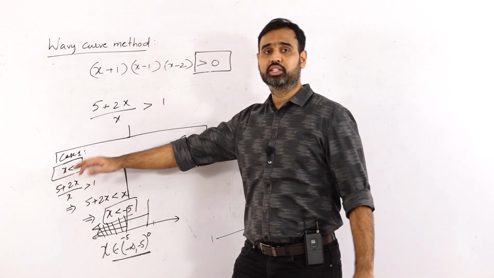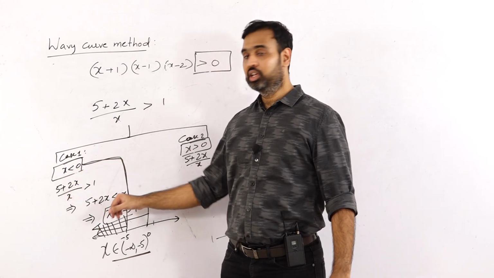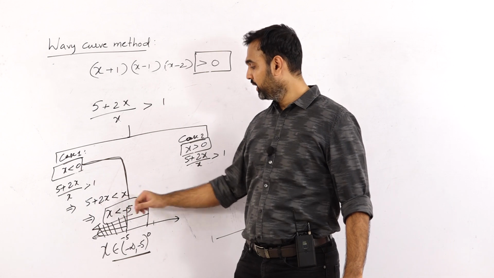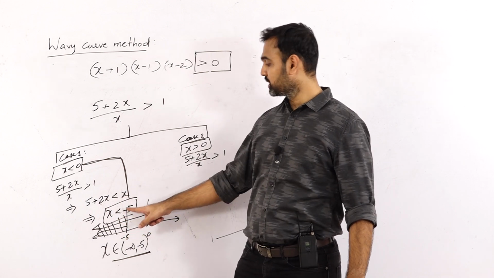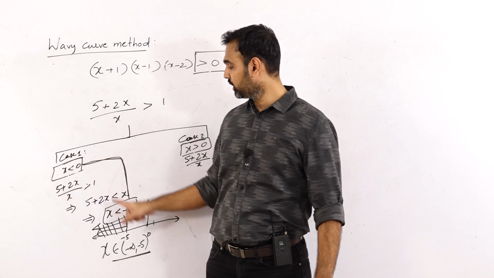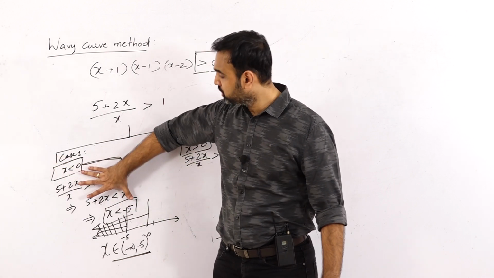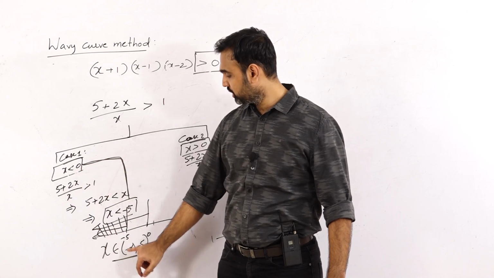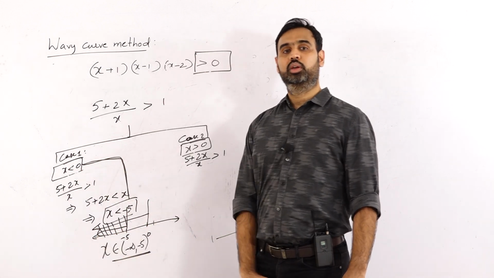So when considering x to be negative, we reversed the inequality and solved for x. Now x is less than minus 5. Before that we also have to ensure x is less than 0. So we are taking the intersection of these two. Both conditions must be satisfied, and the intersection is x belongs to minus infinity to minus 5.